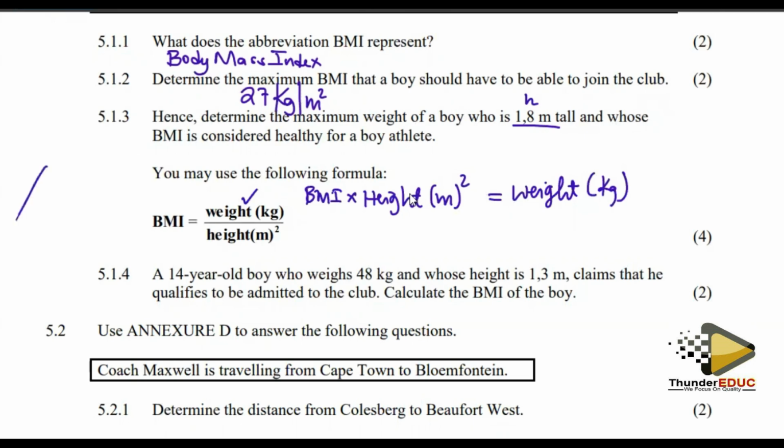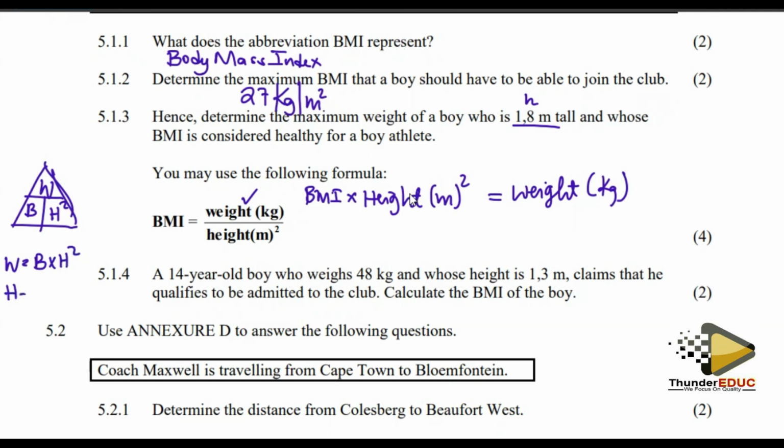You know that triangle for speed. So BMI equals weight over height squared. So if you're looking for weight, the BMI will multiply with the height squared.